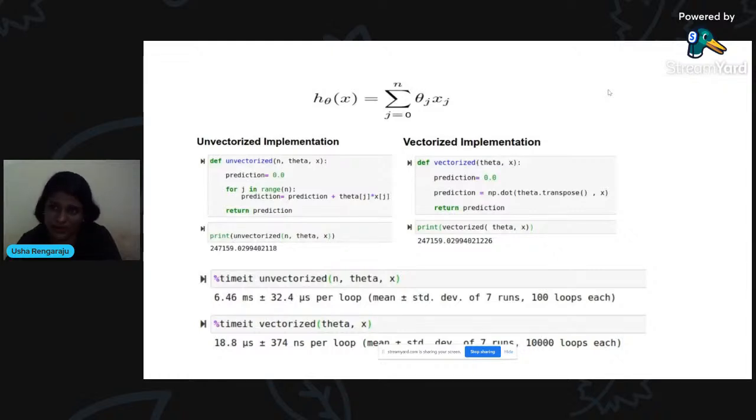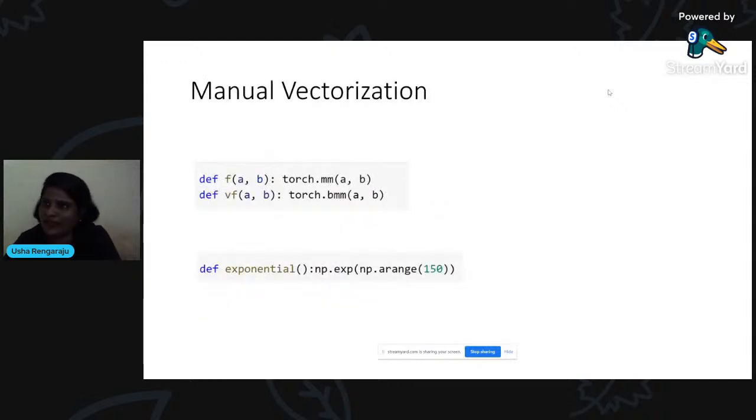So vectorized implementations are generally very efficient and very powerful. The other programming frameworks like TensorFlow and PyTorch also allow vectorization to an extent. When you take matrix multiplications in Torch, you also have a corresponding batch matrix multiplication, and it exposes small functionalities like this.